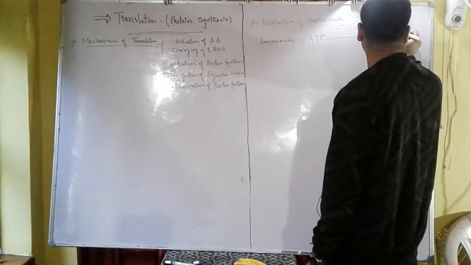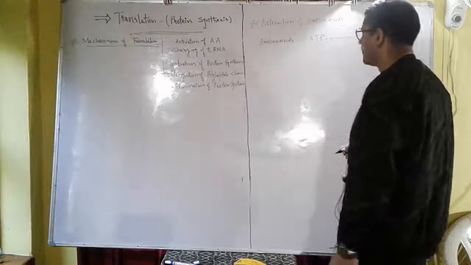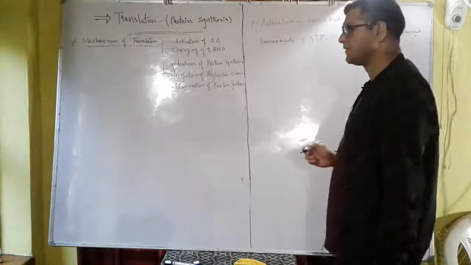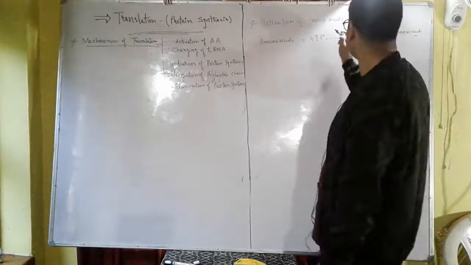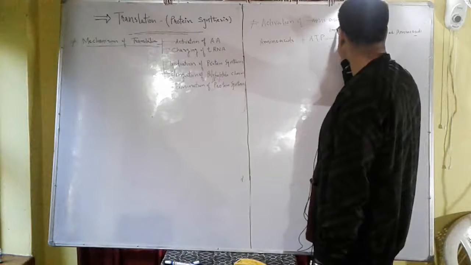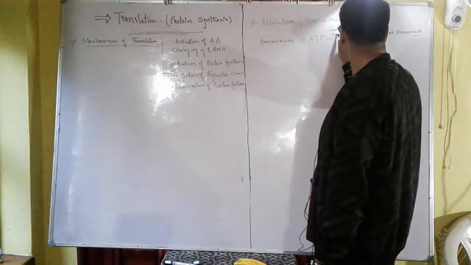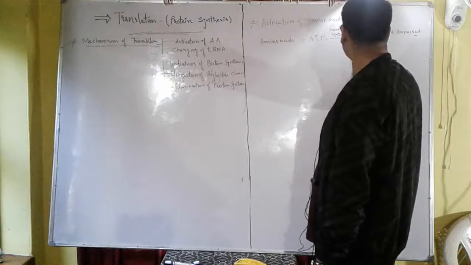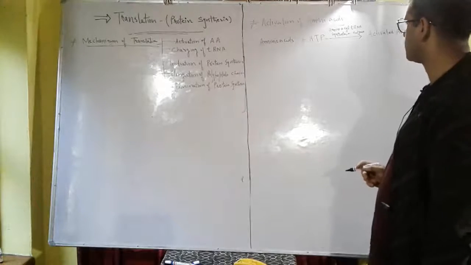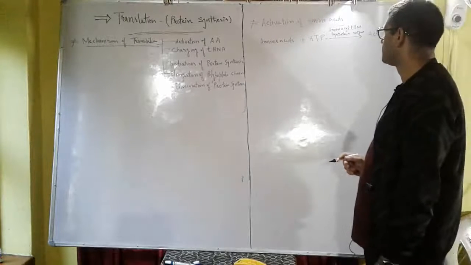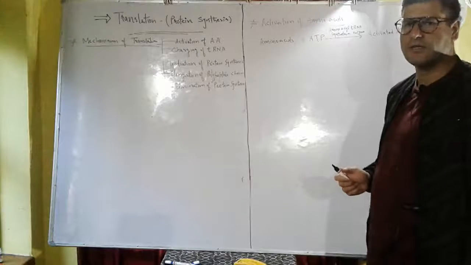This activation process is done by the enzymes called aminoacyl tRNA synthetase enzymes. So the amino acids are activated by their reaction with energy in the form of ATP.